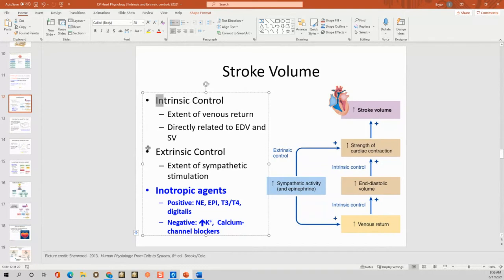Here's the easiest way to remember it. What two organs of our body communicate over a distance? I said it wrong, so let me re-ask the question.